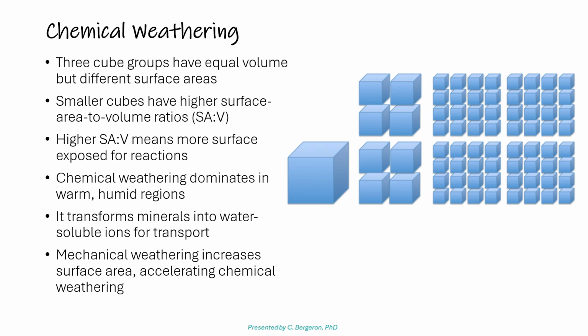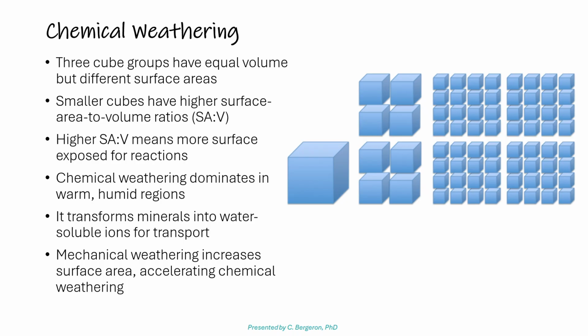Now, chemical and mechanical weathering, it's not usually one or the other. They work hand in hand. Chemical weathering really only affects the surface of the rock. Like we were talking about with physical weathering, you have these cracks in the rock, and water or roots can get in and break things up.